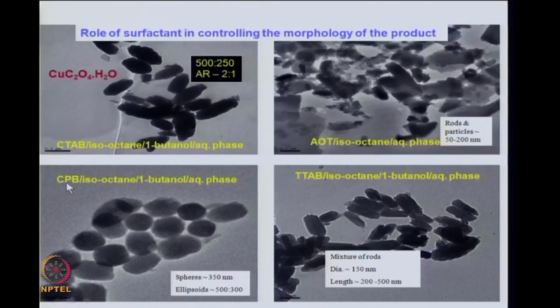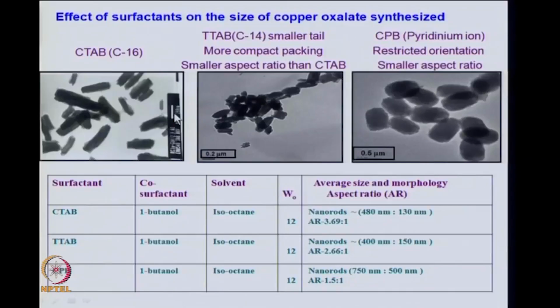So, this is cetyl pyridinium bromide, whereas this is cetyl trimethyl alkyl bromide, and you see the shape of these particles are not so rod like compared here, they are more spherical. However, if you use another surfactant like TTAB, of a different dimensions, different chain length, you get again rod like structures. So, the surfactant has a very important role in controlling the shape and the size of these particles. So, this is more or less what we discussed already.